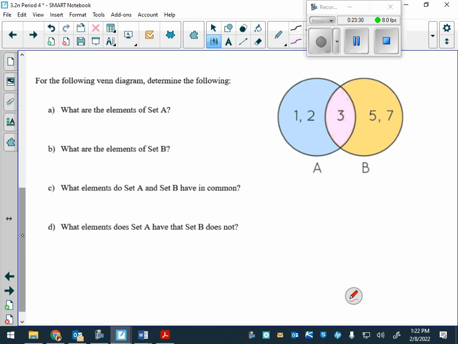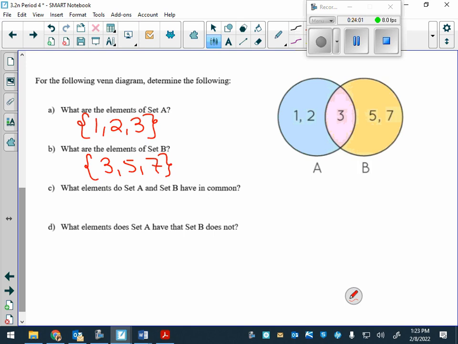Okay. So now, here's the Venn diagram. What are the elements of set A? Go ahead, Liam. 1, 2, and 3. Excellent. Set A is 1, 2, and 3. What are the elements in set B? Yes, Diane. 3, 5, and 7. So anytime we're looking at a full set, it's this full circle.